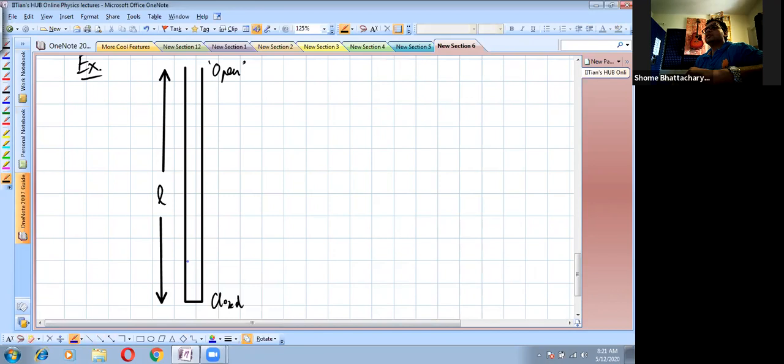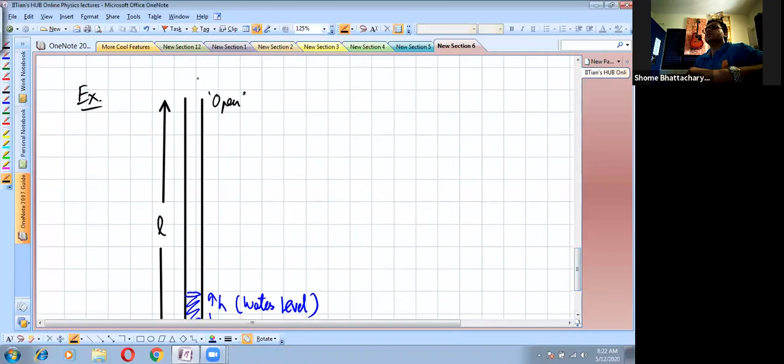We are also filling water up to a certain height, H over here. So this is the water level, and we are using a tuning fork of a certain frequency to create the resonance.